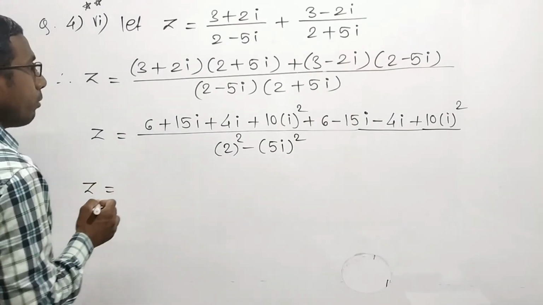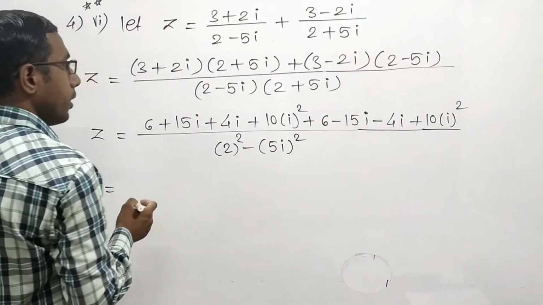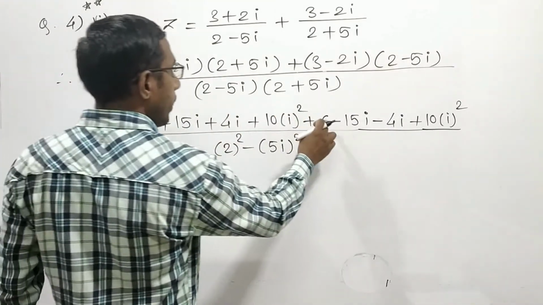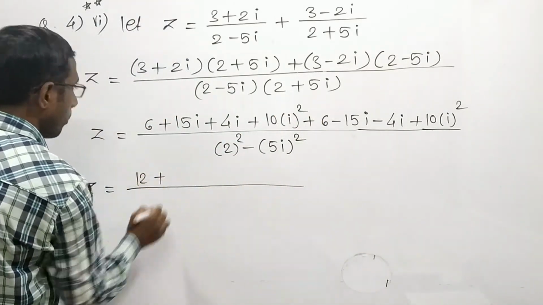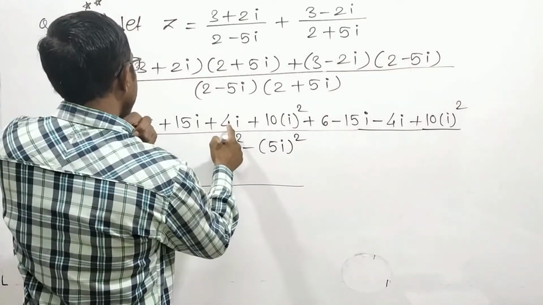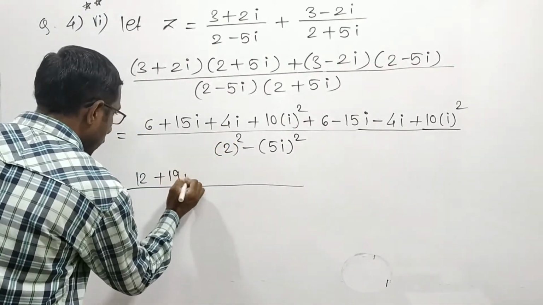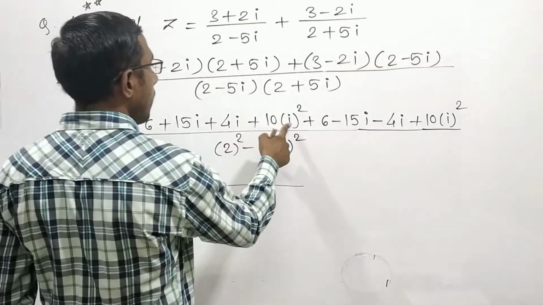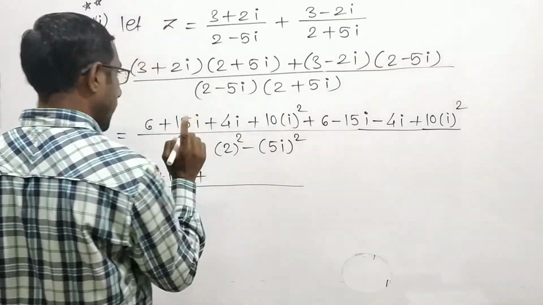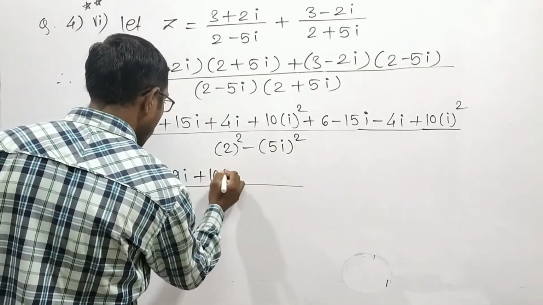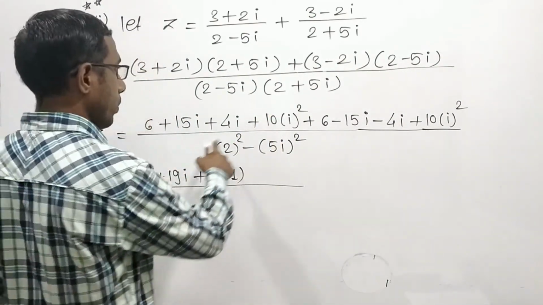So z is equal to, now 6 plus 6 is 12, plus 15i plus 4i, it's 19i. Then i square is minus 1.